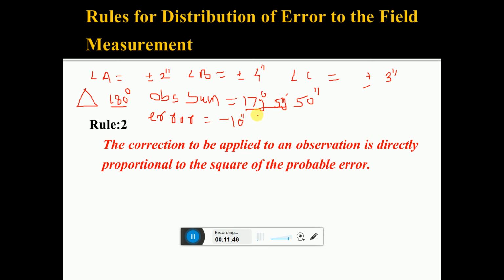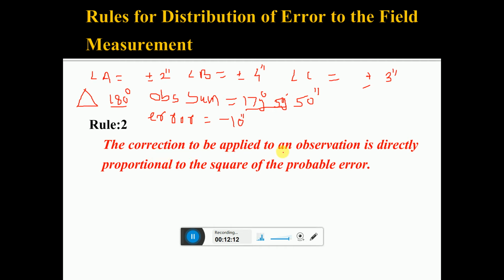The error is negative because the observed sum is less than the theoretical sum. If the observed sum is greater than the theoretical sum, that error is called a positive error, and if the error is negative, the correction will be positive and vice versa. So how to distribute this error of 10 seconds when the probable error in each observation is given? Use this rule too.